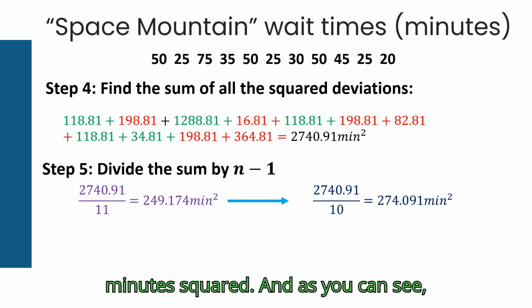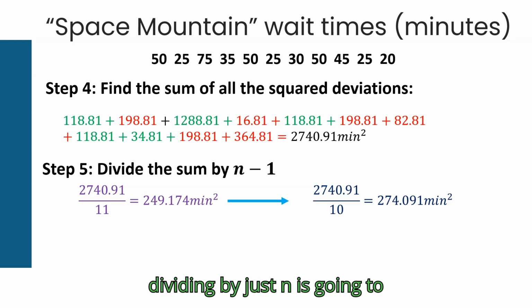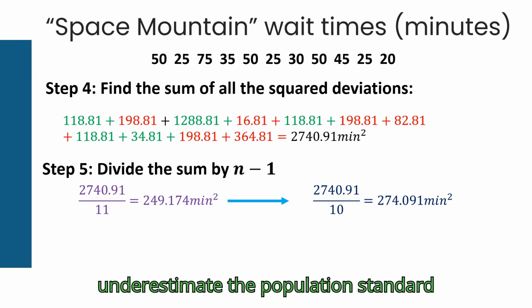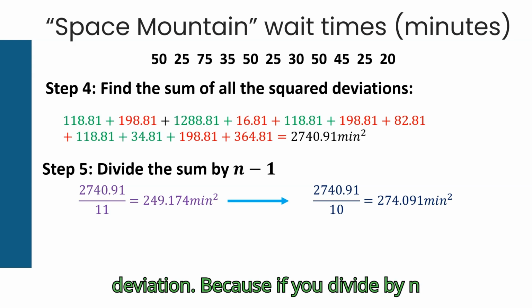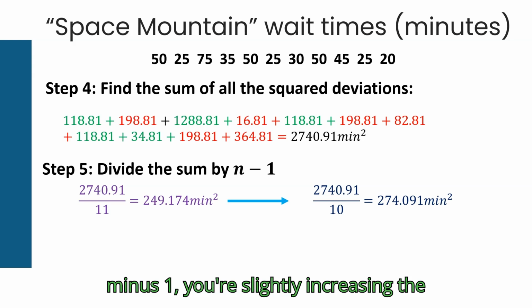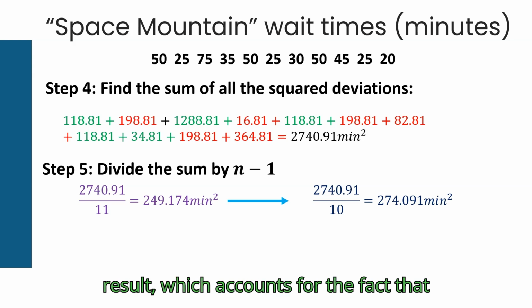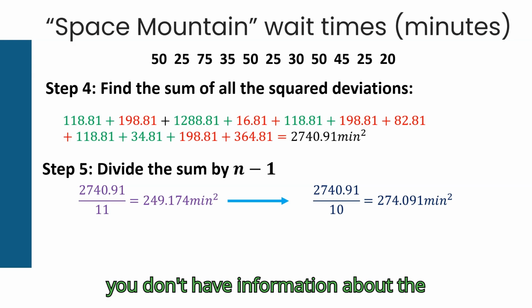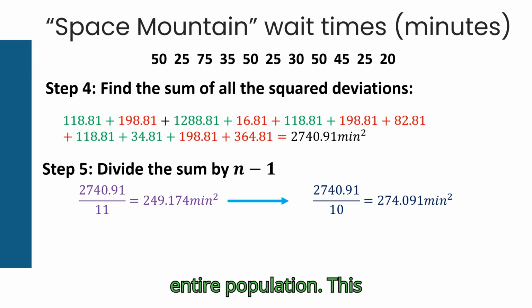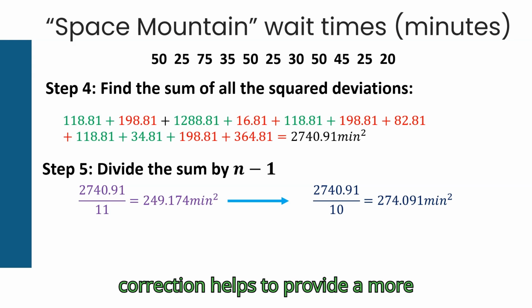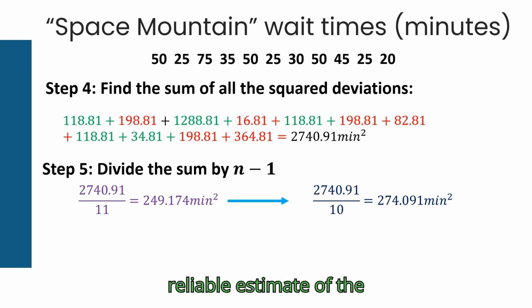As you can see, dividing by just n is going to underestimate the population standard deviation. If you divide by n minus 1, you're slightly increasing the result, which accounts for the fact that you don't have information about the entire population. This correction helps provide a more reliable estimate of the population standard deviation based on a sample.